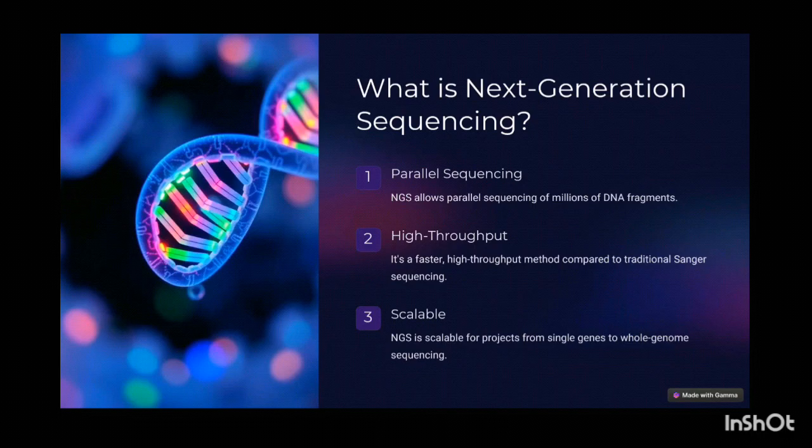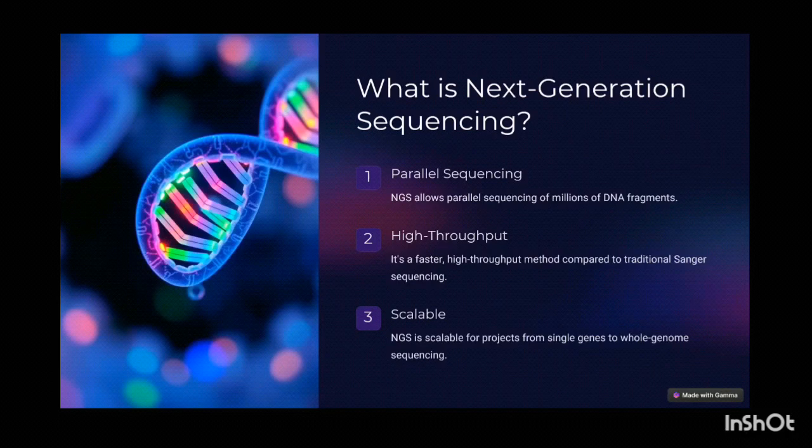By that, if there is any mutation, any missing nucleotide, or any overlapping nucleotide, we can easily identify it. This is the purpose of NGS, next generation sequencing. Basically, it gives a faster, high-throughput way of getting our DNA sequence.